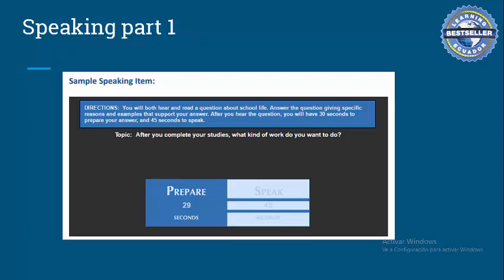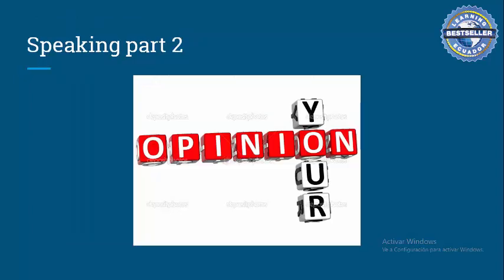Make sure to use the preparation time to plan the basic ideas you wish to make. As in the writing exercise, do not waste much time deciding on a topic. Choose something you will enjoy talking about. Okay? So that's for speaking part 1.